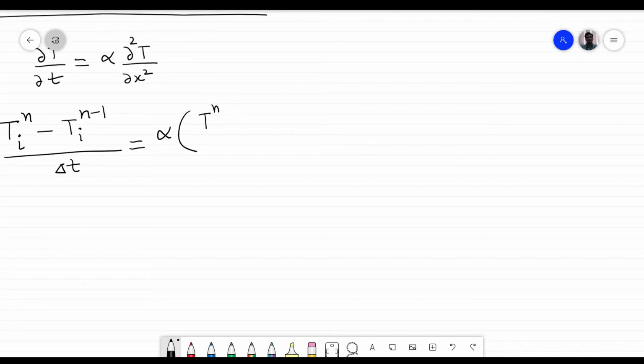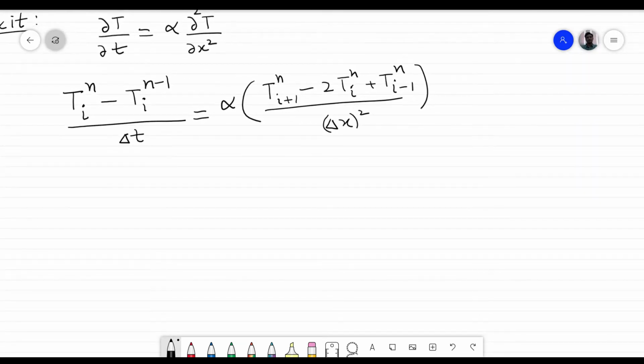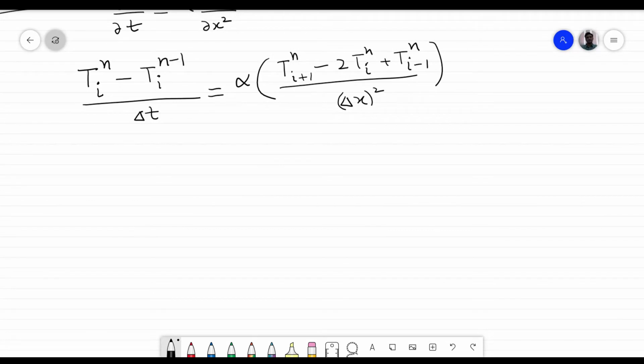So the right hand side is at the present time step. Minus 2 Tin by delta x square, or sometimes people also write it like this, n plus 1 minus Tin by delta T.